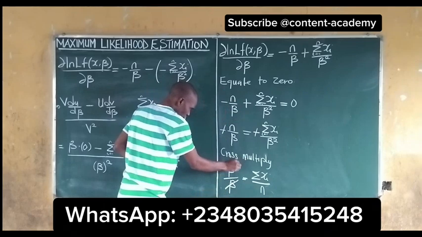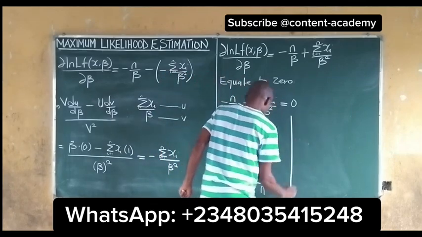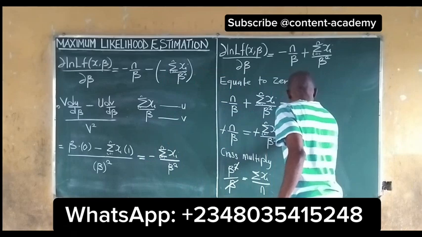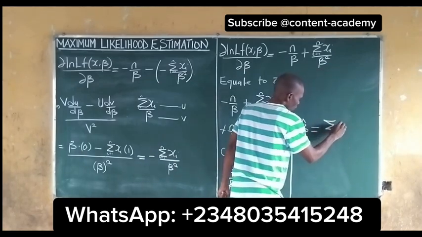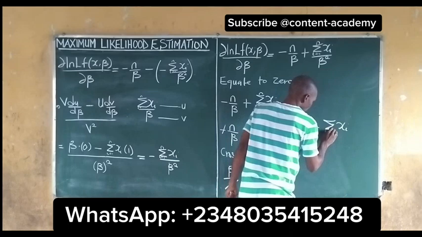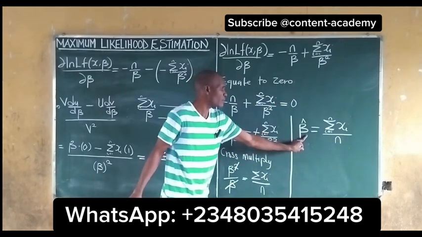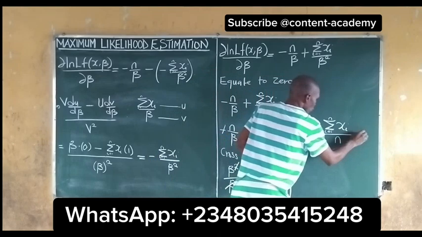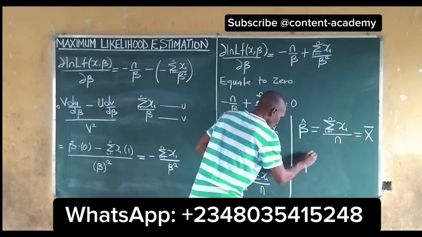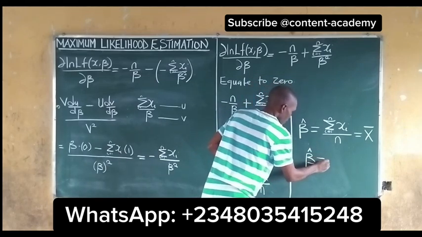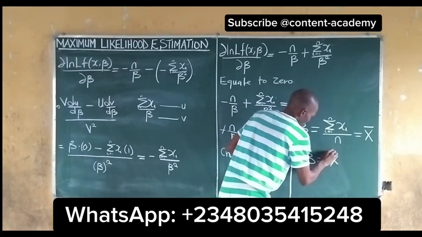So this will cancel this to the remaining bits. It then means that our beta estimate can be written as summation of x_i, i running from 1 to n, all over n. Of course, this is our beta estimate. And like we know, this is equal to the mean. So it then means that our beta estimate for the maximum likelihood estimation is equal to x bar.